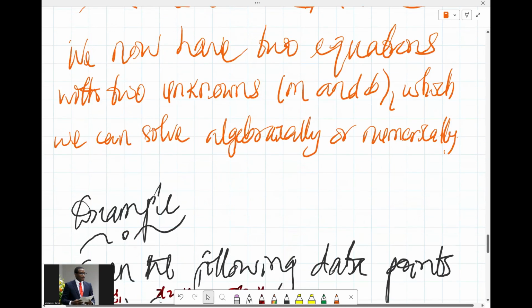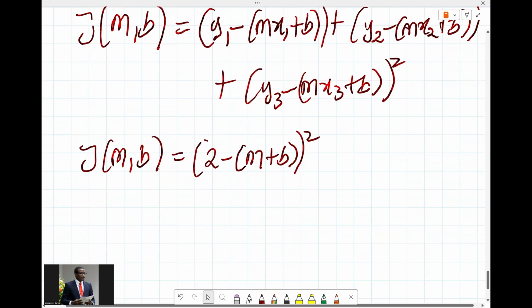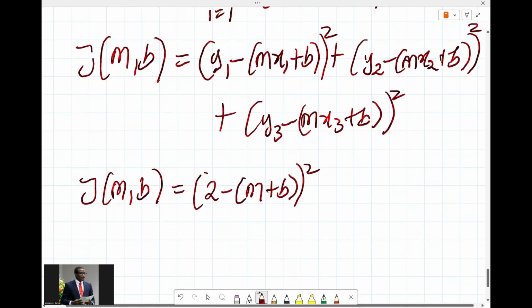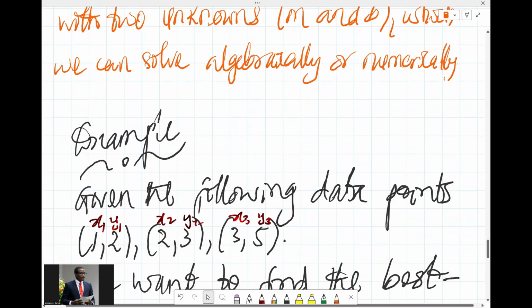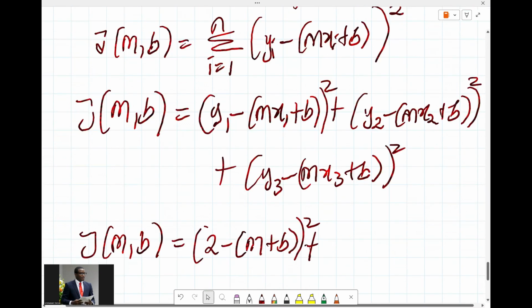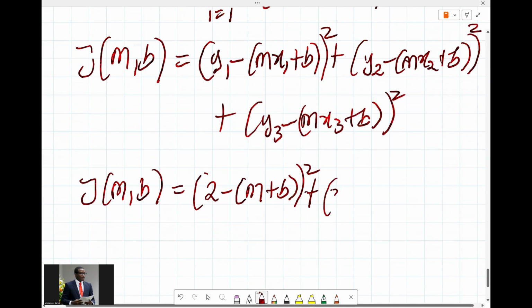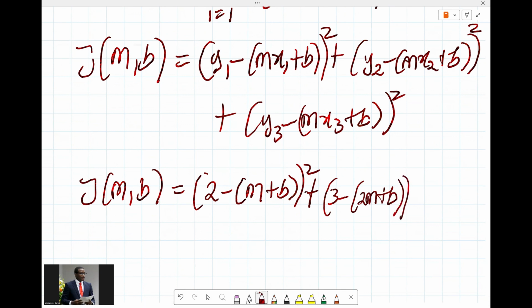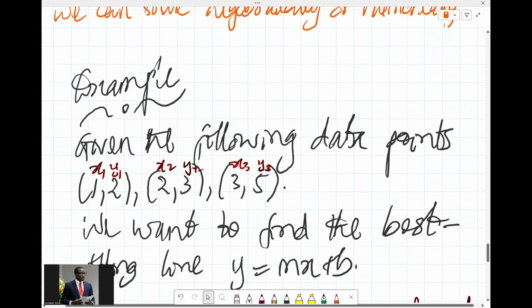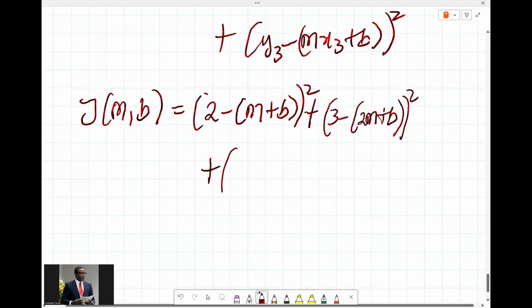Let's keep at it. 2 minus (m plus b) squared, then plus y2. That's (2, 3), so that's 3 minus x2, which is 2, so we have 3 minus (2m plus b) all squared. Then plus (3, 5), so that's 5 minus (3m plus b) all squared.